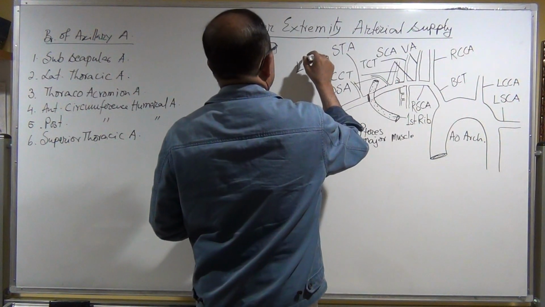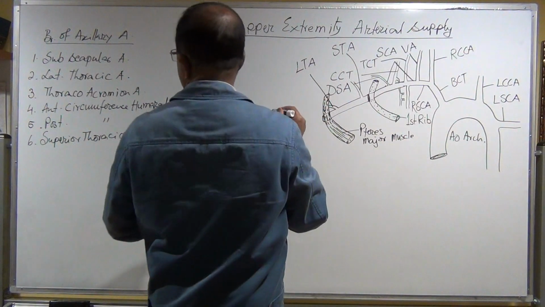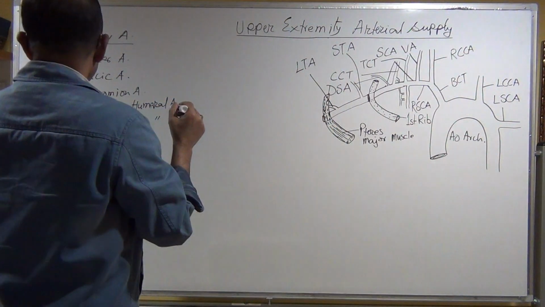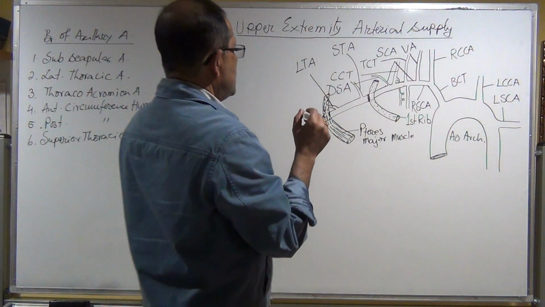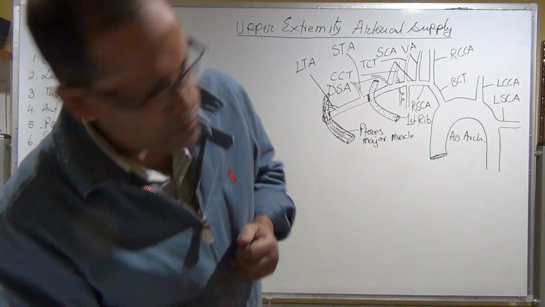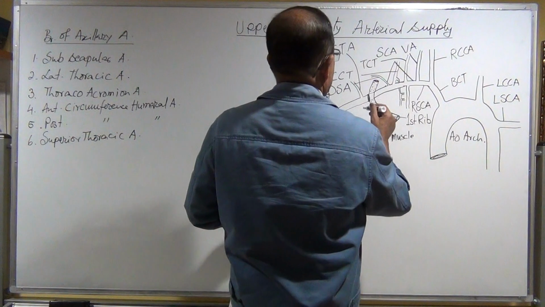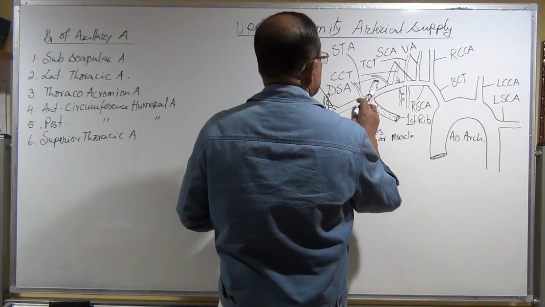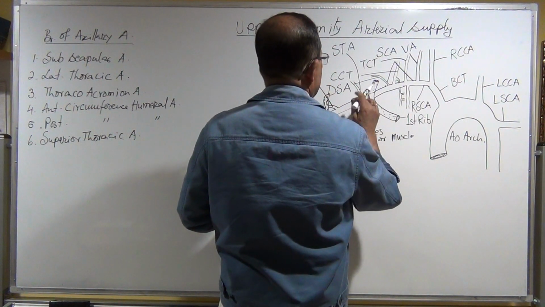This is the lateral thoracic artery. Then the thoracoacromion artery arises from here.